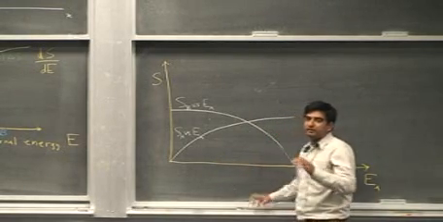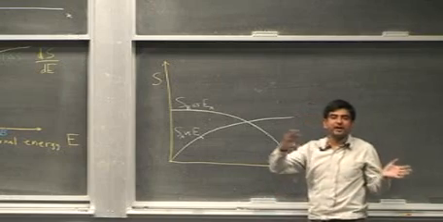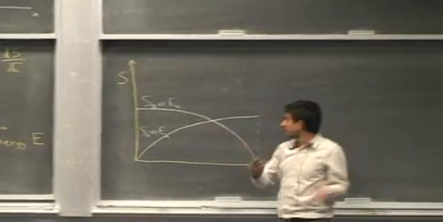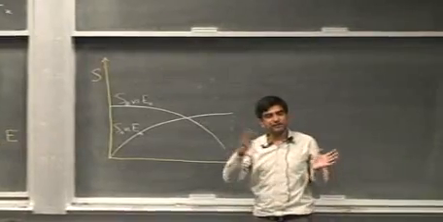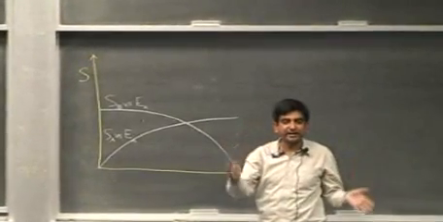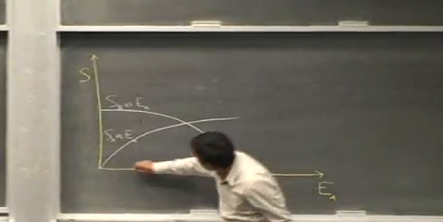Now initially, when the objects are very far away, most of the energy was in object B because object B was at a higher temperature. So you started off somewhere here.